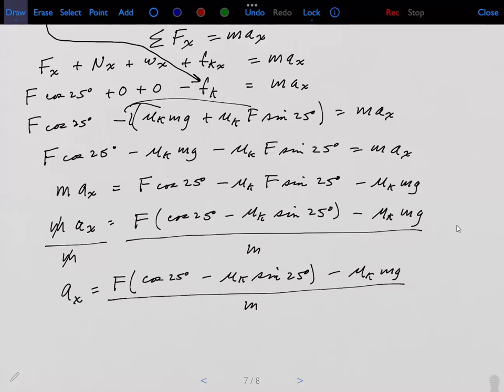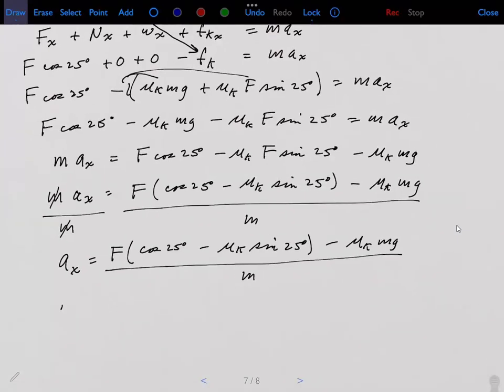Okay, and then you can plug in, right? So if we plug in, F, remember we found, was 51. Cosine of 25, whatever that is, you can do that on your calculator. Mu k was, what was it, 0.03, right?